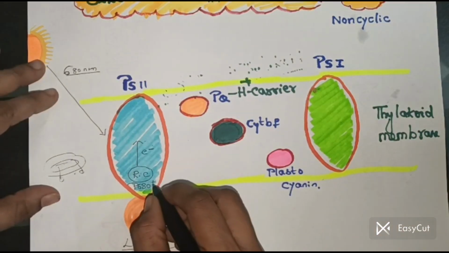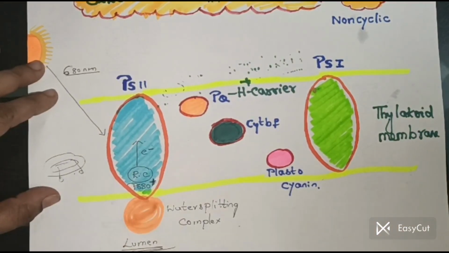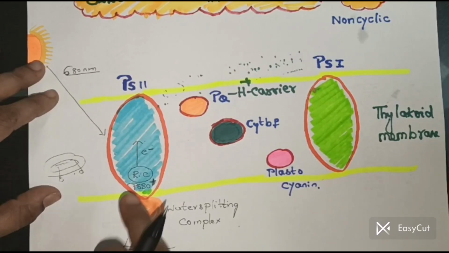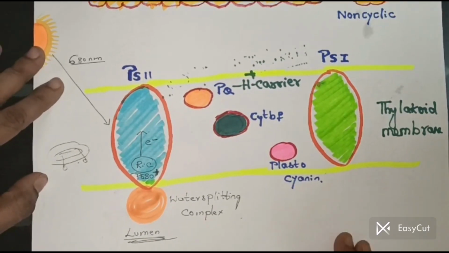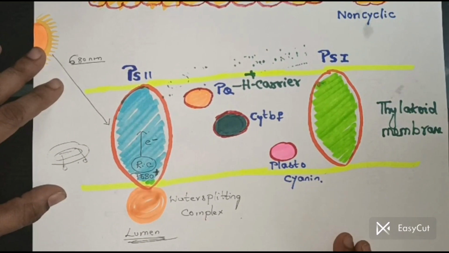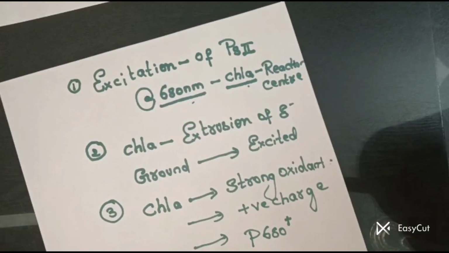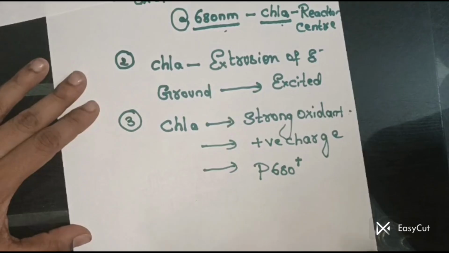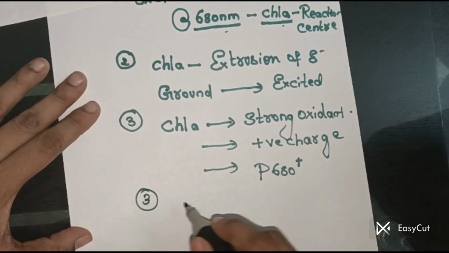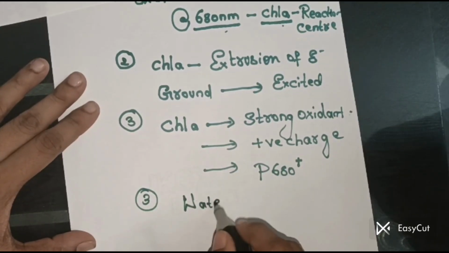After extrusion, it acquires a positive charge. Now this acts like a strong oxidant. The strong oxidant is going to be involved in the oxidation step. Yes, it is going to split the water.